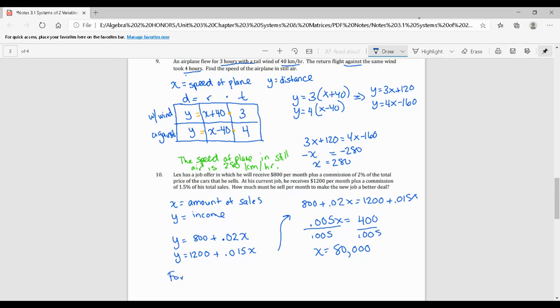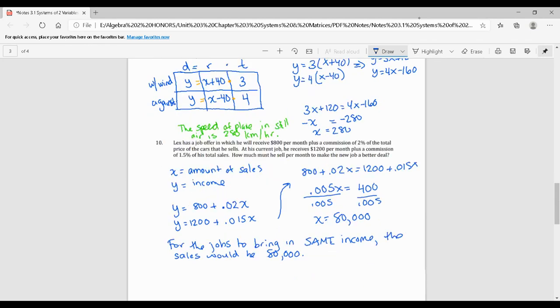Okay, so for the jobs to bring in same income, the sales would be $80,000.